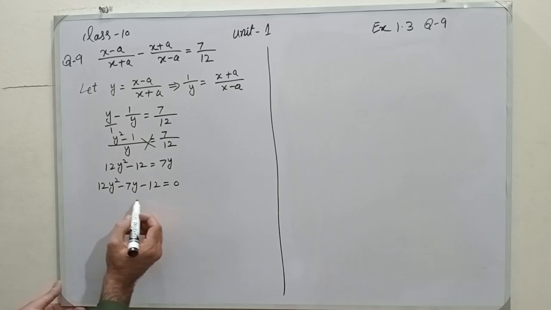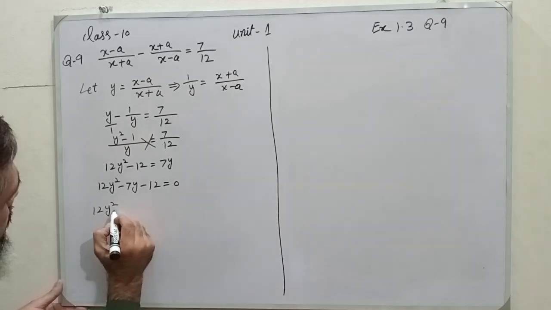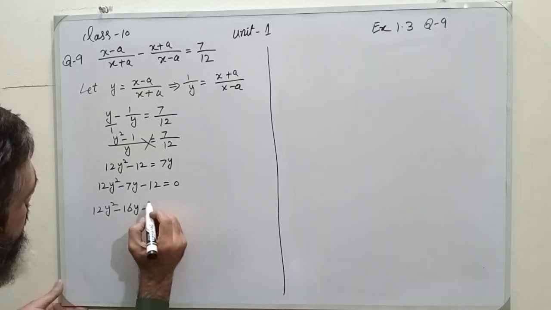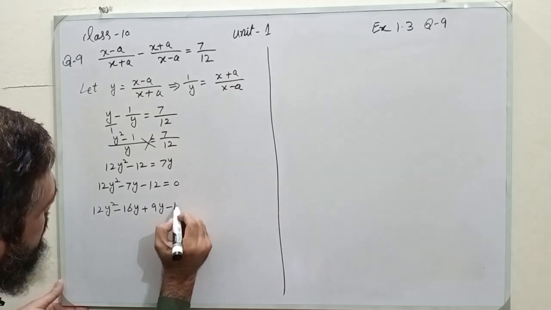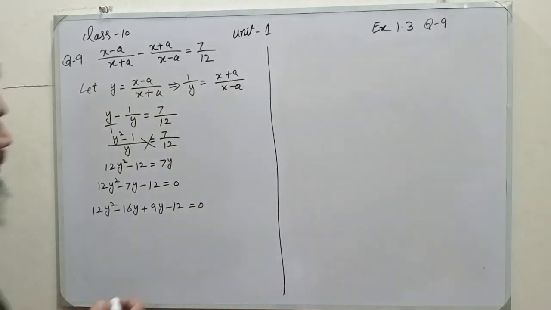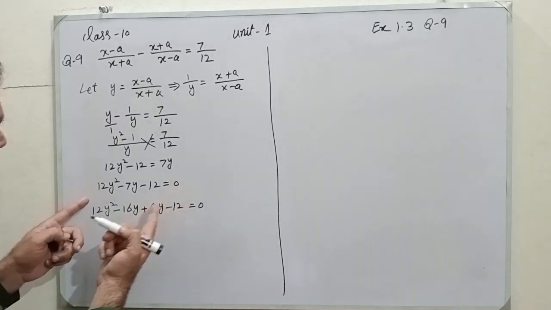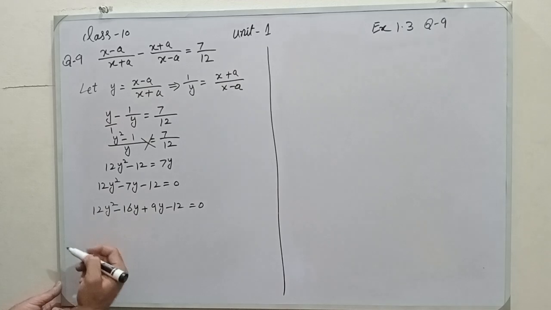So we will use the factorization method to solve this equation. 12y square minus 16y plus 9y minus 12 is equal to 0. You are already aware about the factorization method. So here we will use the factorization method to solve this quadratic form.